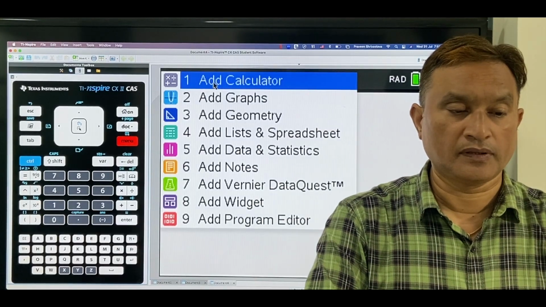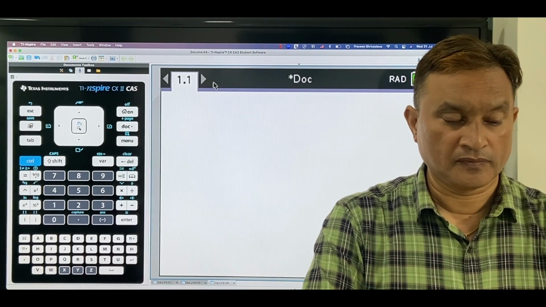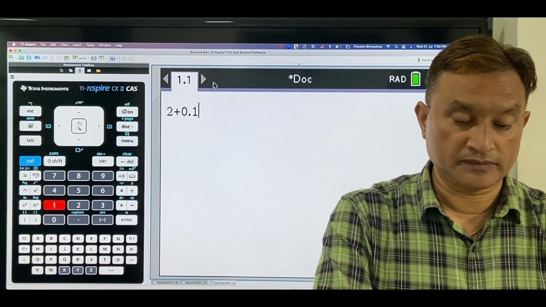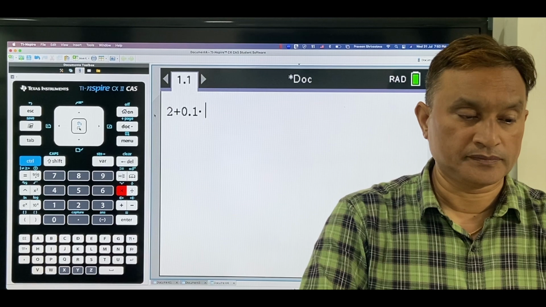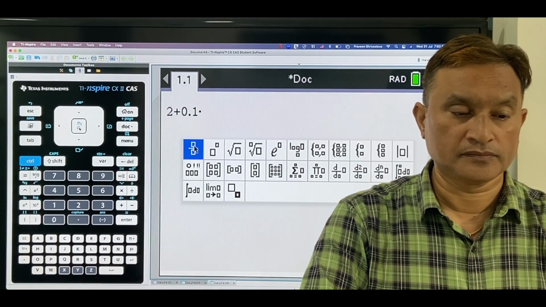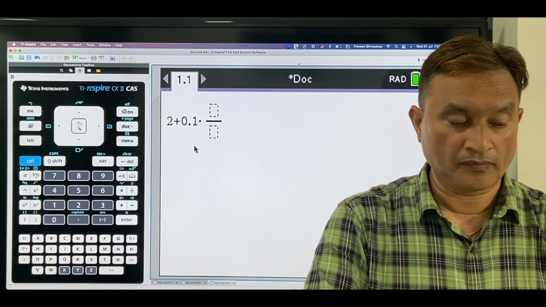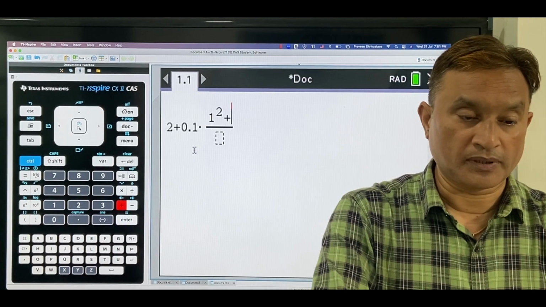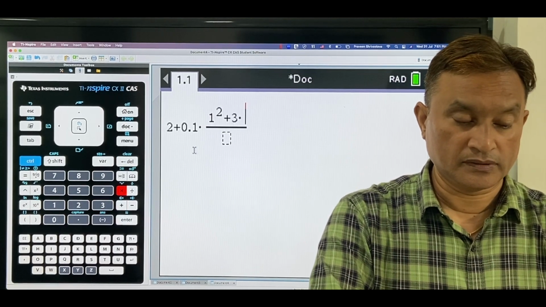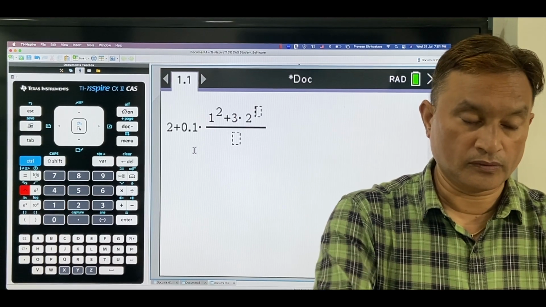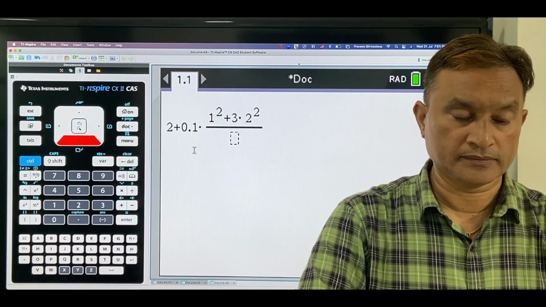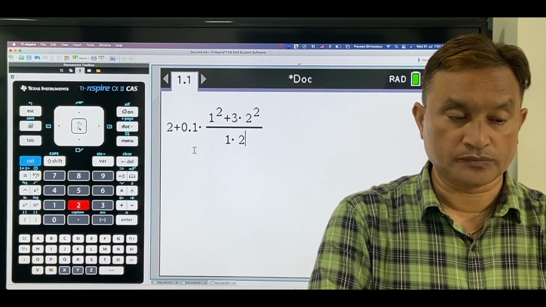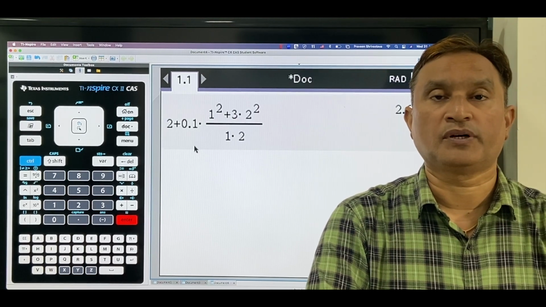Menu, add calculator. 2 plus 0.1 into 1 square plus 3 into 2 whole square upon 1 into 2, and the answer would be 2.65.